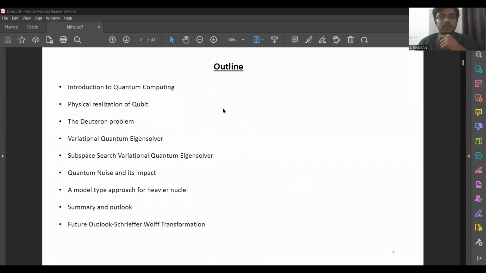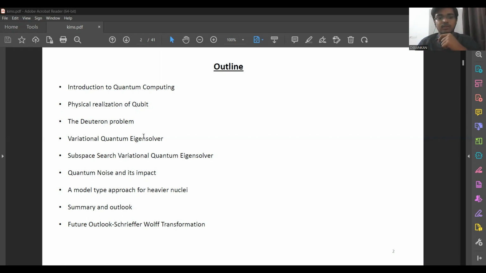The outline would be like this. First I introduce the concepts of quantum computing. Then I tell you how a physical qubit can be realized, and then comes the main part of my project, which is the deuteron problem. It is the core of my project, and I have used different quantum computing algorithms and techniques to find the energy spectrum of the deuteron problem, like variational quantum eigensolver and subspace search variational quantum eigensolver.